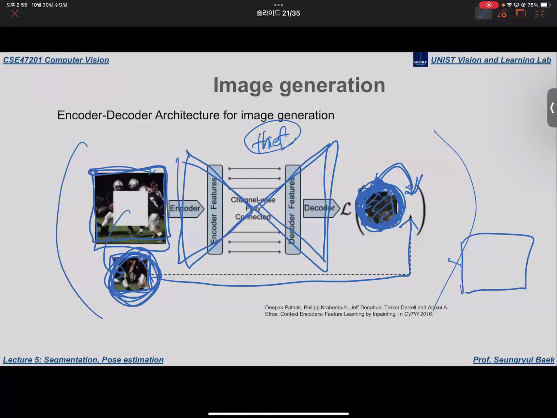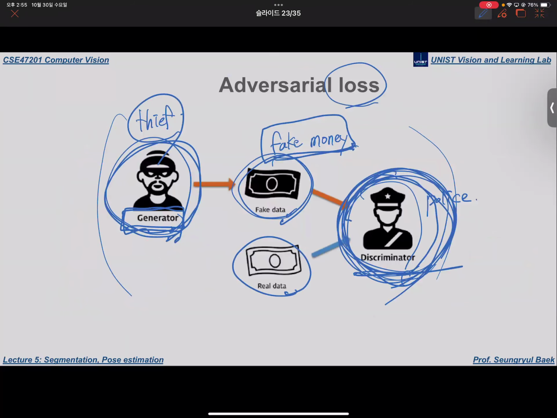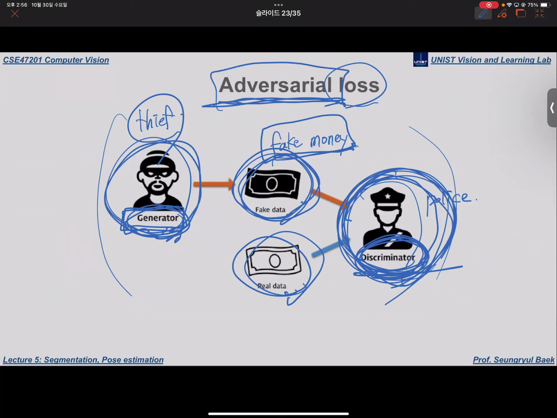This discriminator is another network that discriminates the data's reality. By competing with each other, the generator and discriminator compete, so this loss is called the adversarial loss. It somehow has the meaning of competition.